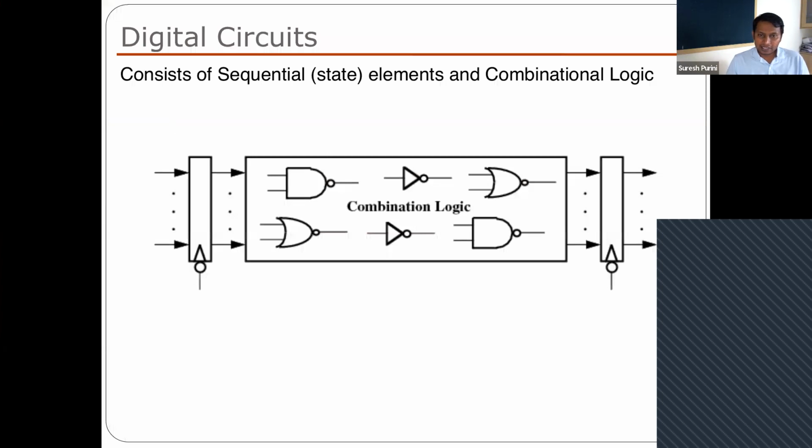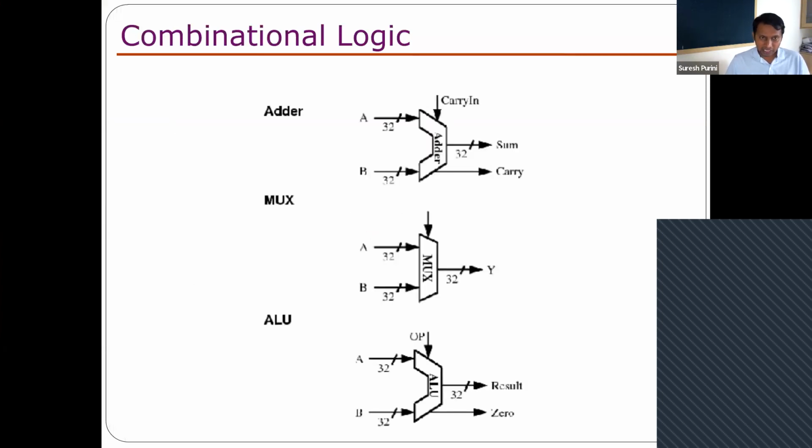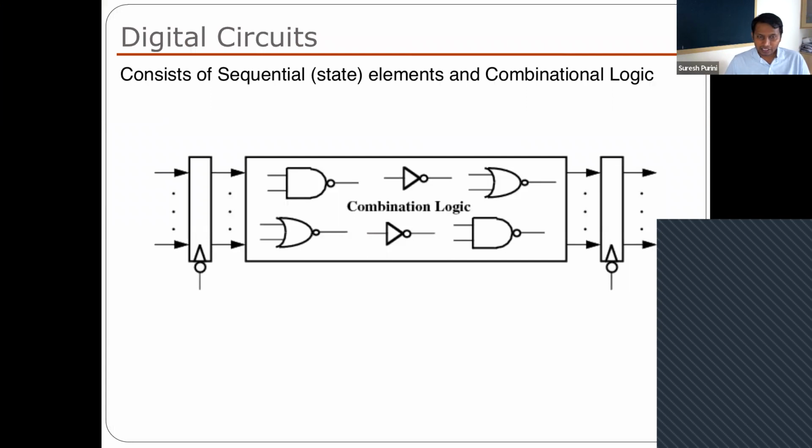Again, just to review, any system consists of some sequential components and some combinational logic. So here there is a register. This kind of structure is quite common when you are going for pipeline designs.